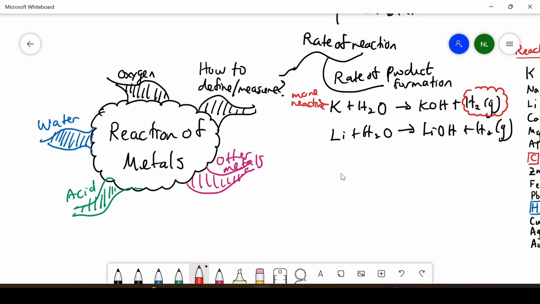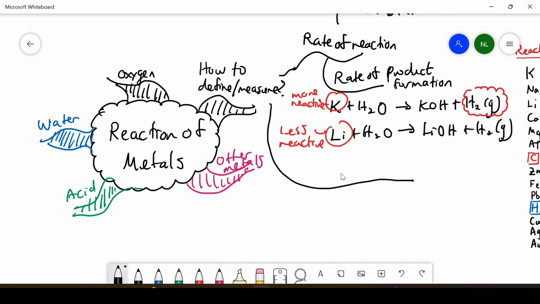For example, if the same number of atoms of potassium and lithium are added to water, we will see potassium disappearing more quickly than lithium will. And this is because potassium is more reactive than lithium. Potassium gets used up more quickly, and that is why it produces hydrogen gas more rapidly.